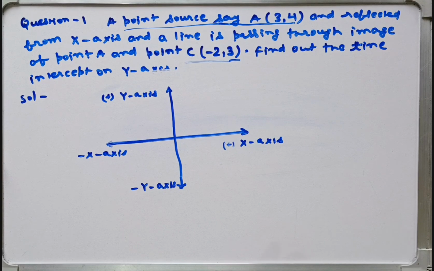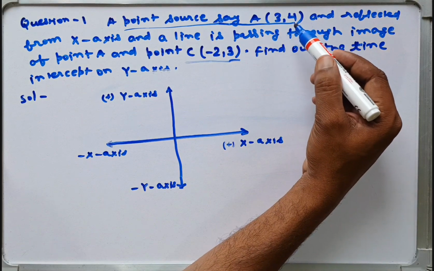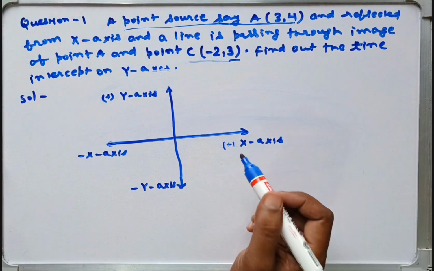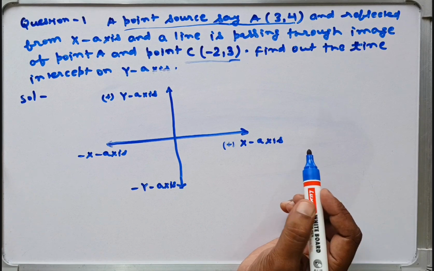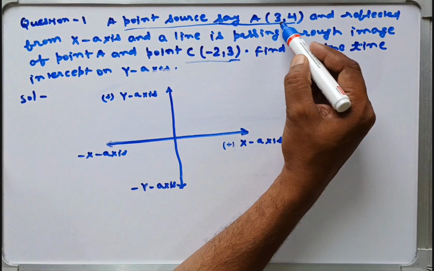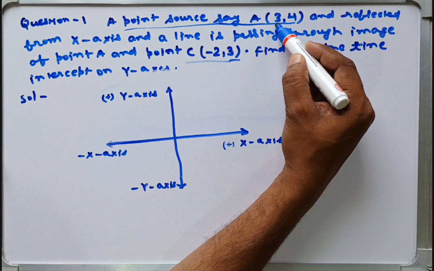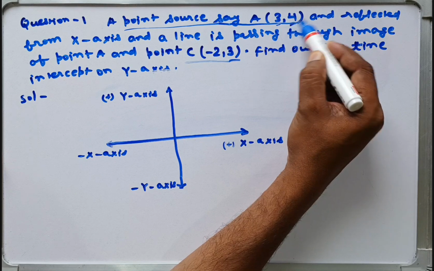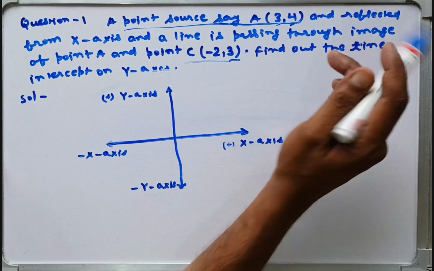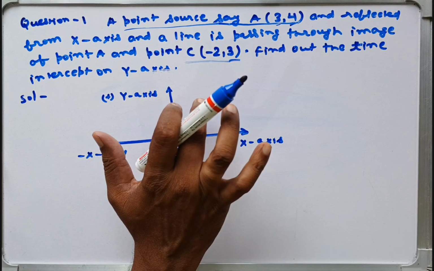Now the question is saying a point A, a source. So where does this point A lie actually? You see the x coordinate of this point is positive and the y coordinate is also positive, so it must lie in the first quadrant.